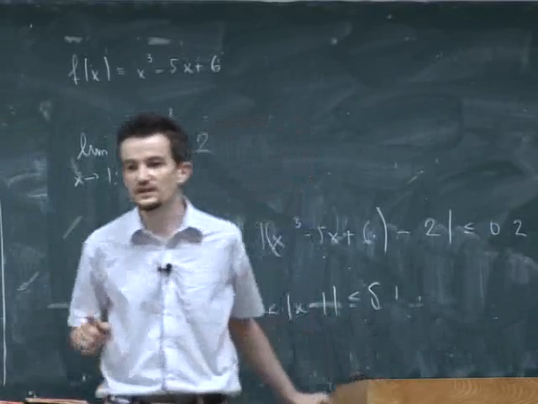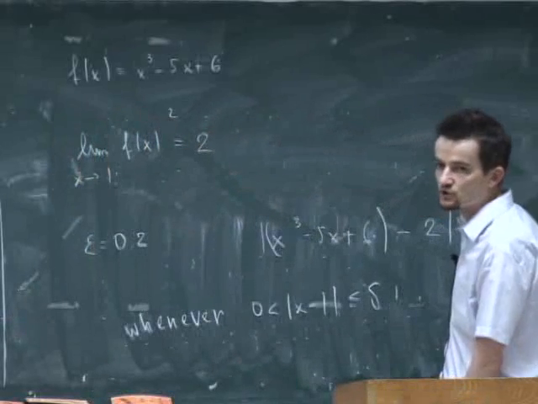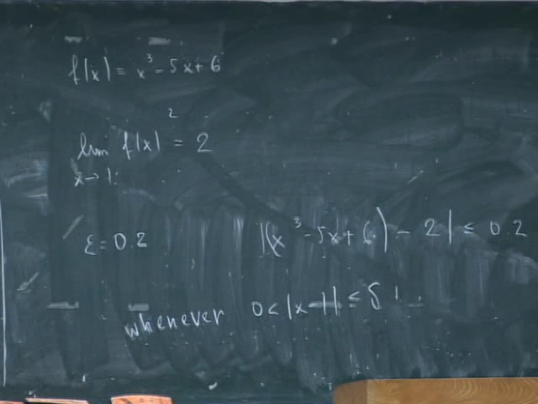But this is not enough to prove this relation, because this is just one specific choice of epsilon. But for all epsilon, you have to give me a delta. Okay? So you see, for this example, even for such a simple function, it's not so easy. And we will later on understand how we are still able to do it, not by doing it directly, but using another approach. This is something you essentially have done in high school.